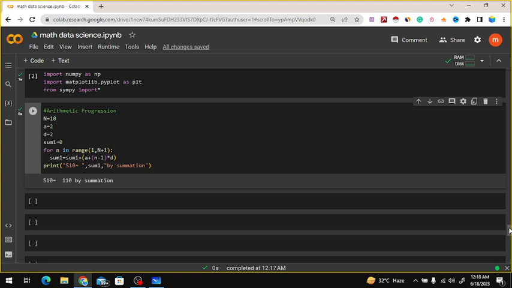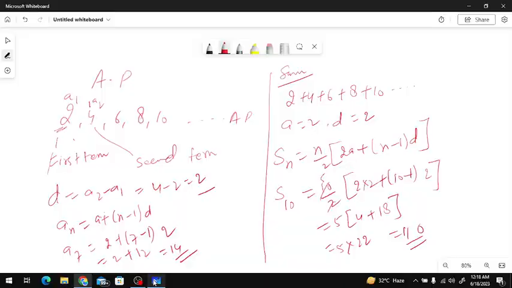Terms. So another property of the summations, like sigma. So go ahead.